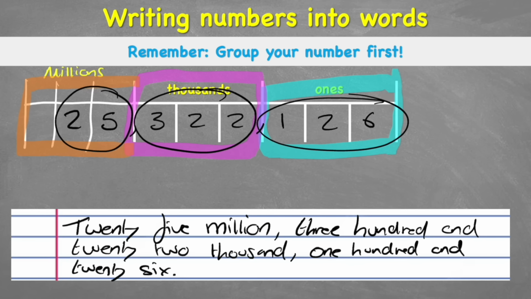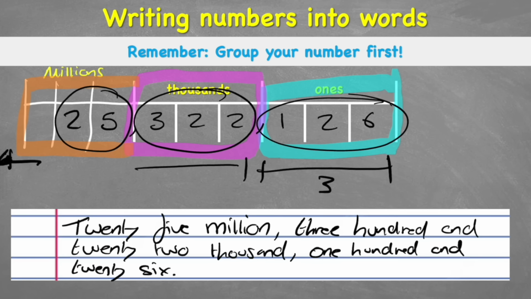And there we go. And honestly, that is as hard as that can get. It can get longer. We could go into our trillions, but it can't get much harder if we remember this pattern of starting to group our numbers in sets of 3, starting from the ones column.